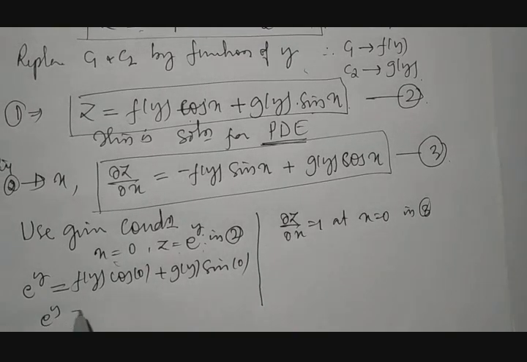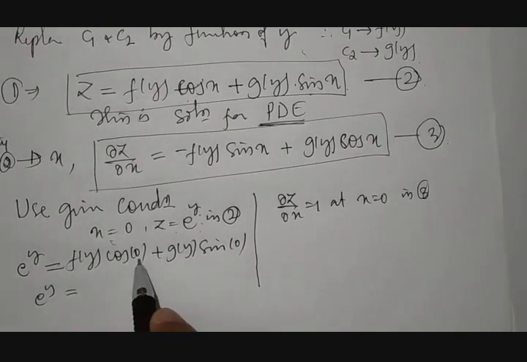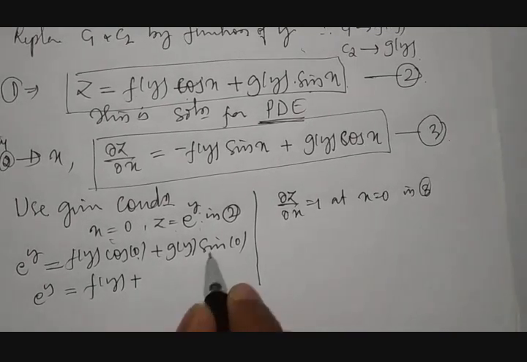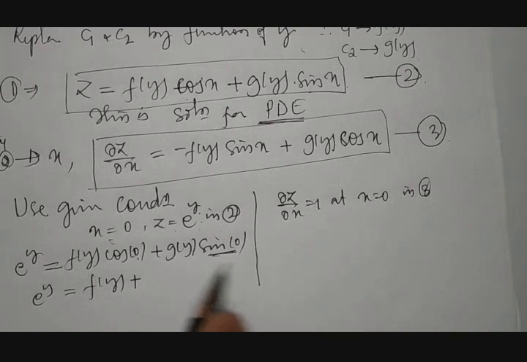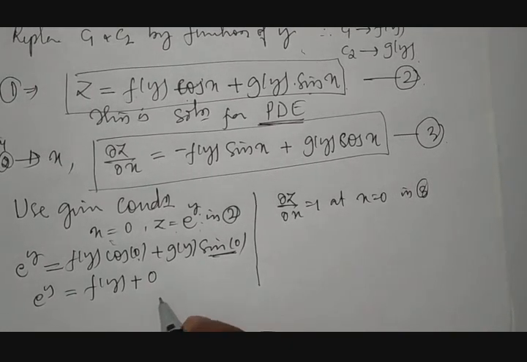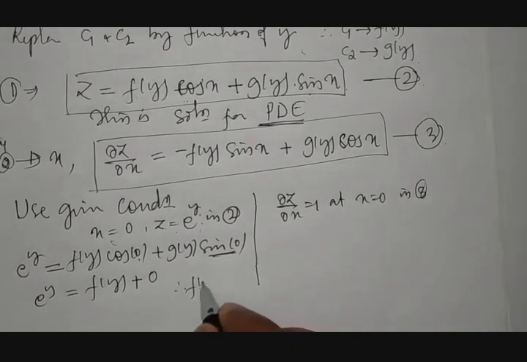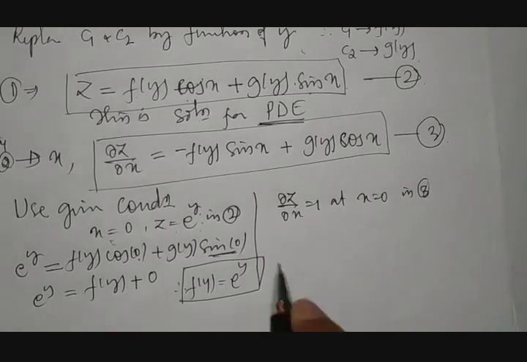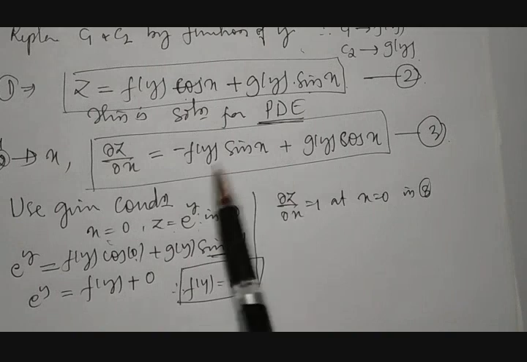We know that cos 0 is equal to 1, therefore f of y, plus sin 0 is equal to 0, so this becomes 0. Therefore f of y is equal to e raised to y. So we got the value of f of y.